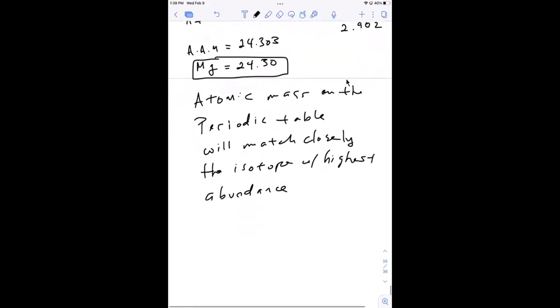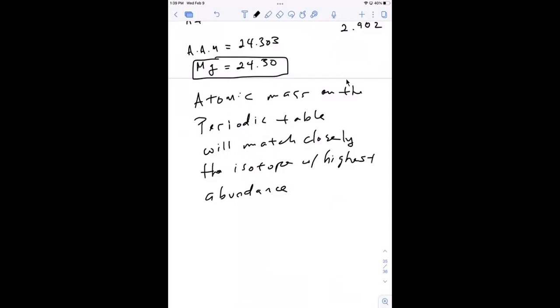Right, it makes sense, right? If we're doing an average, the larger number in that sum is going to be the one that dominates the average. So the highest fractional abundance is going to be the isotope that the atomic mass matches the most.